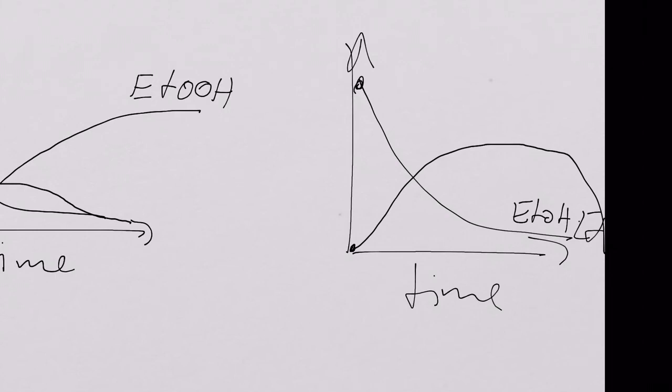Our metabolite would go up. That's our ethanol. And of course, our acetic acid would only follow later. So, in this case, you have higher levels of the acetaldehyde staying there for much longer if you have a deficiency in the enzyme that catalyzes the acetaldehyde to the acid.